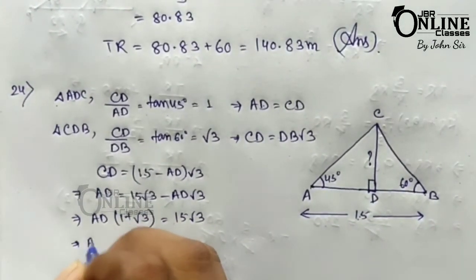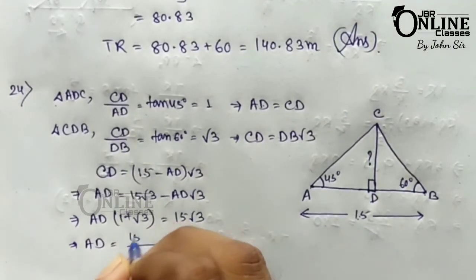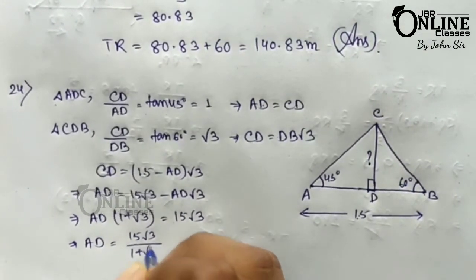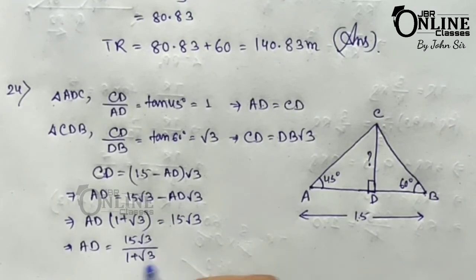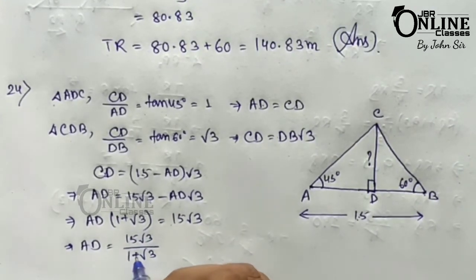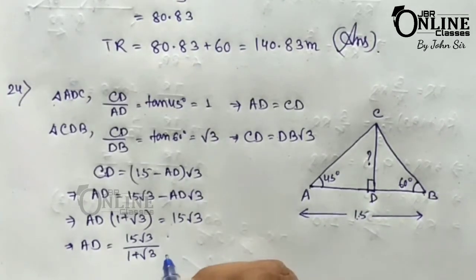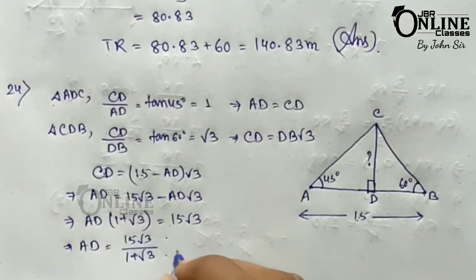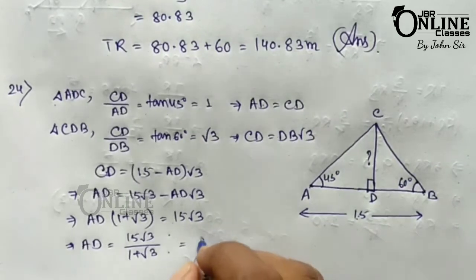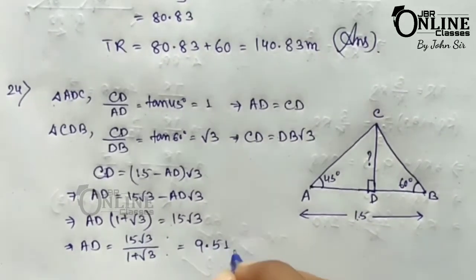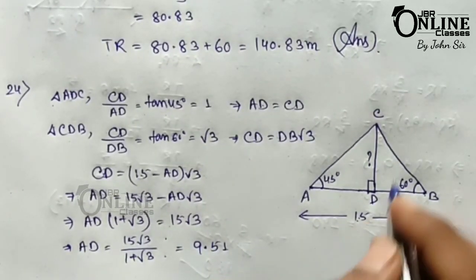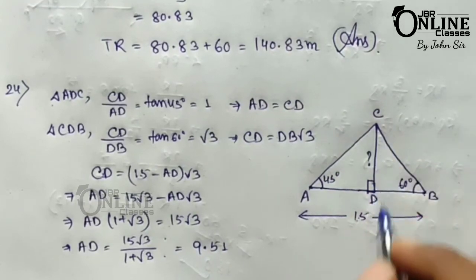So finally AD equals 15 root 3 by 1 plus root 3. Now if you rationalize this number, that means if you multiply 1 minus root 3 in numerator and denominator both, then you will finally get the answer, and that is 9.51, as 9.51 is the height of this pillar.